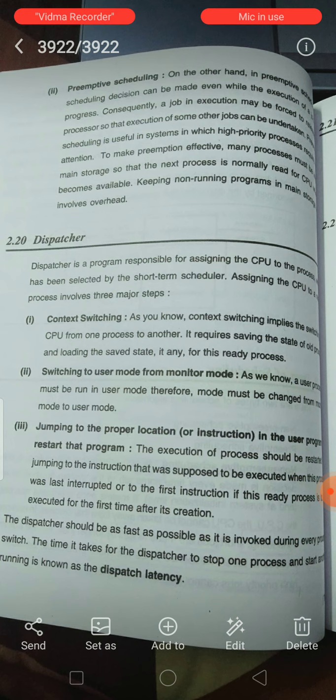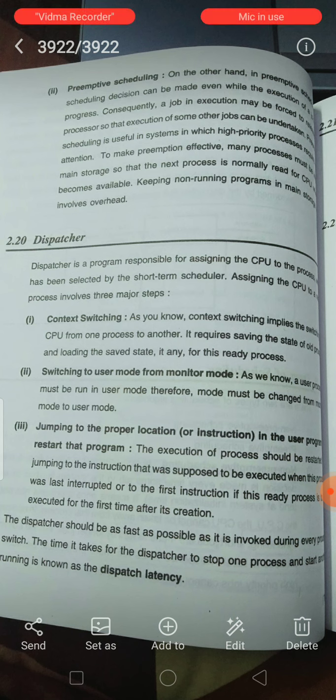Next is dispatcher. Dispatcher is the module that gives control of the CPU to the process selected by the scheduler. This function involves switching context, switching to user mode, and jumping to the proper location in the newly loaded program.